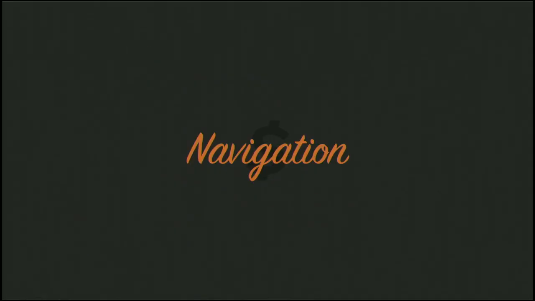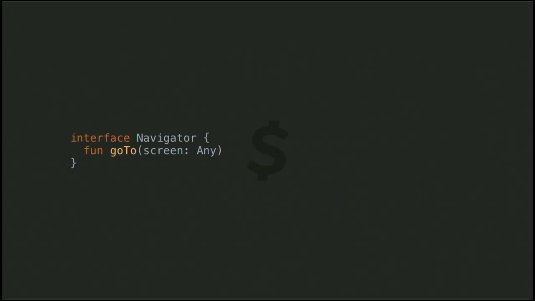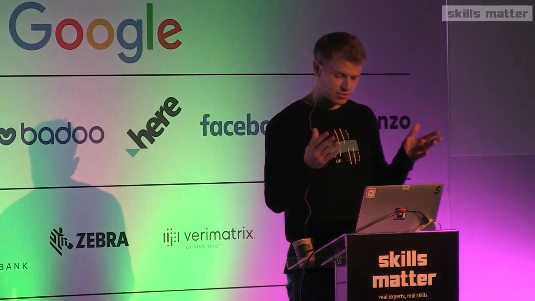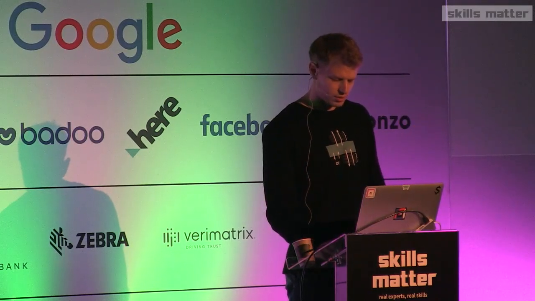And so navigation, it's something, especially in the MVI architecture, which is talked about a lot, and I don't think it's answered a lot. We found a sweet spot for this, and so I wanted to share it anyway. So we have a navigator interface. We just pass it a screen. In our case, it's parcelable, but it doesn't matter.